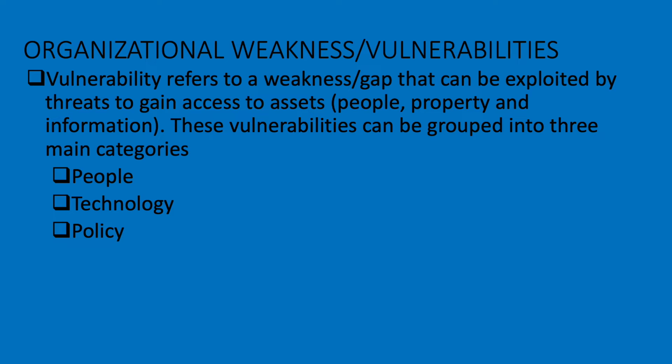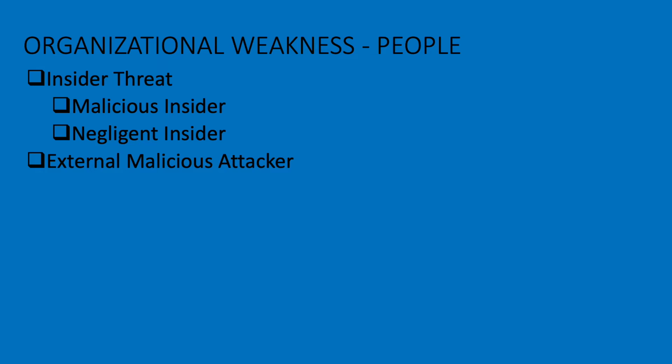There are several vulnerabilities in the organization's security that can result in successful exploitation by threats. These vulnerabilities could be in the form of people, technology, and policy. People-related organizational weaknesses can be due to lack of an insider threat mitigation program. People-related weaknesses can also be key person dependency.